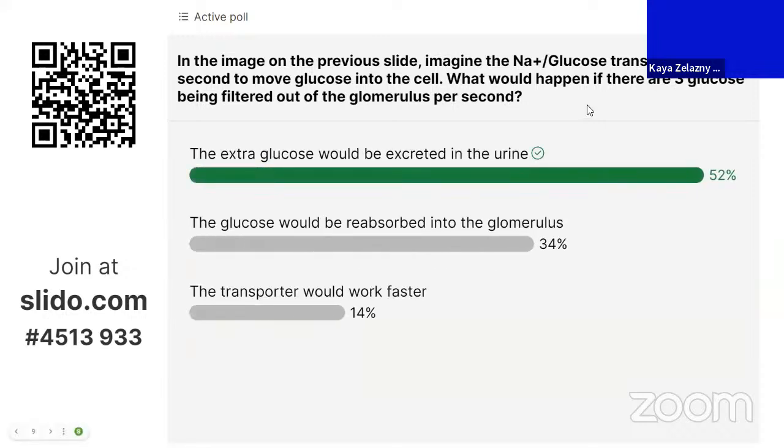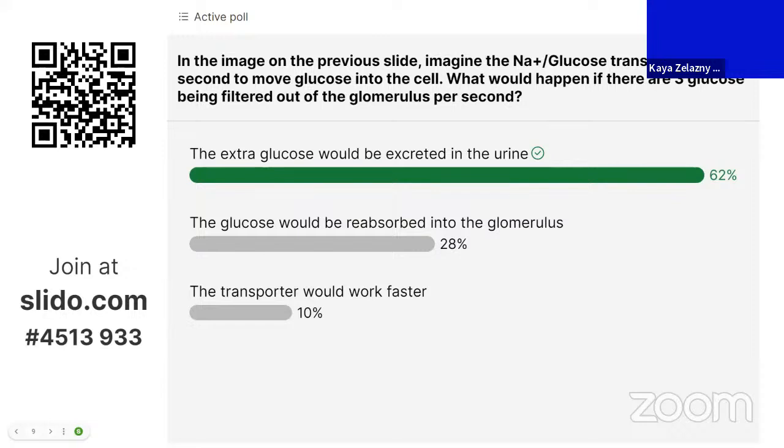All right. So this was a prediction question. So we're going to talk about it. What we're going to find is true about transporters in the proximal tubule is basically they should be able to reabsorb 100% of the glucose that you have coming past.